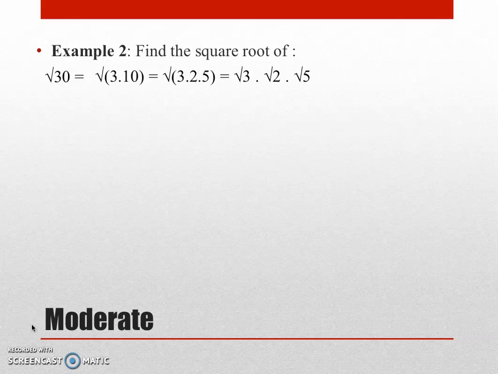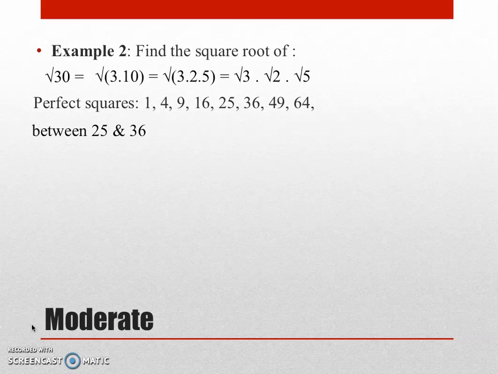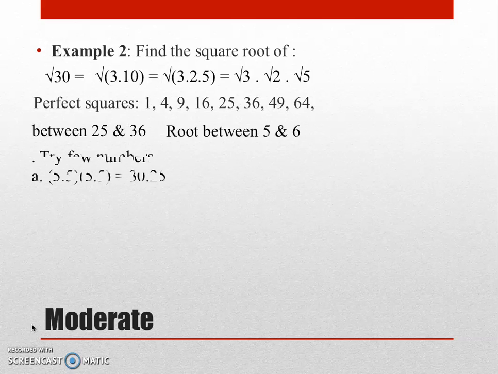But we can also use another method to make an estimate. And we get help from our perfect squares. So as you see, 30 is between the perfect squares of 25 and 36. So that means the square root of 30 is anywhere between 5 and 6. So let's try something.